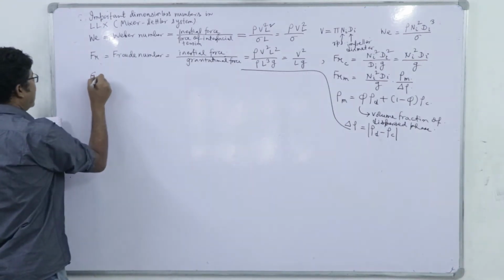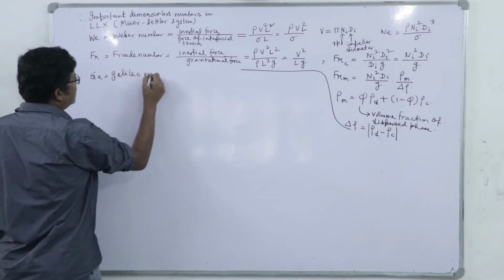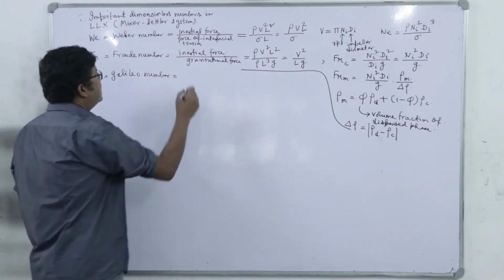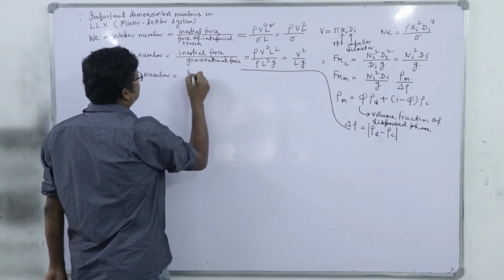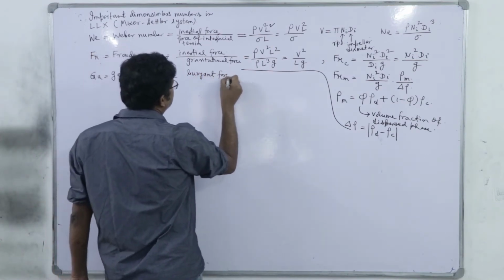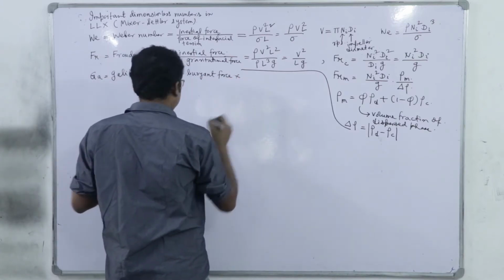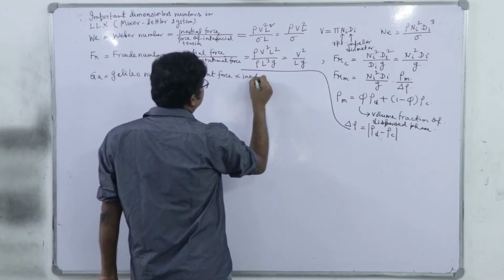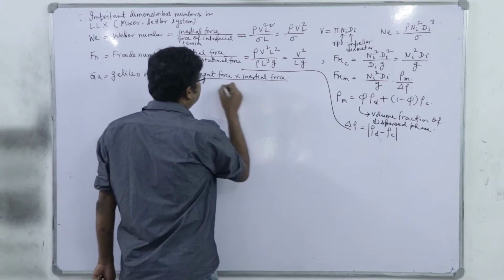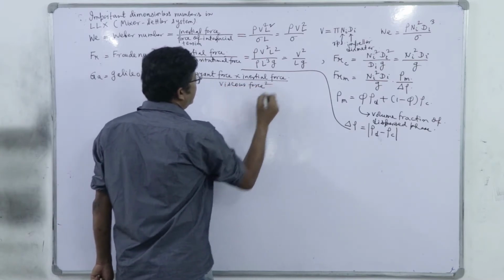Next it is the Galileo number. In the previous session we stated that this is buoyancy force into inertial force by viscous force square.